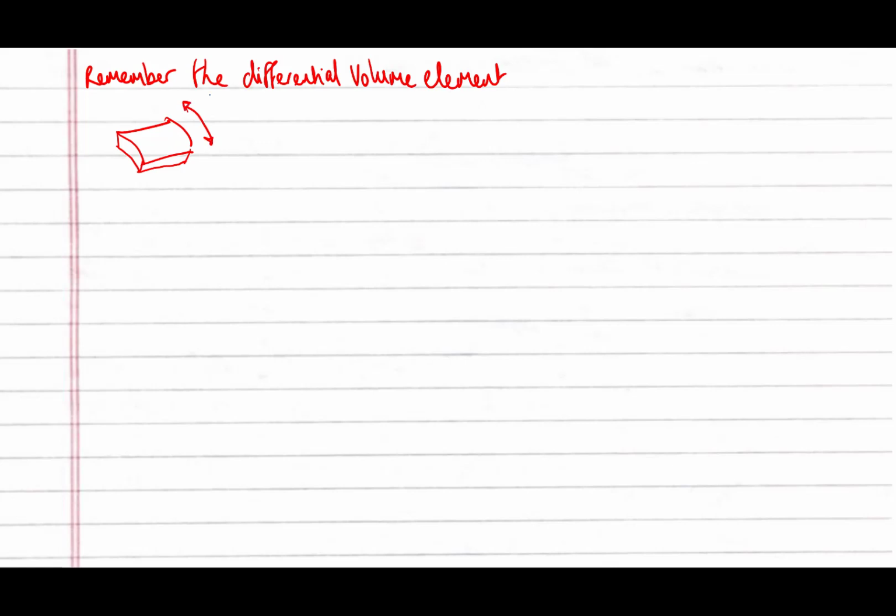We're also going to remember the differential volume element. So again, what was that? What am I talking about? Well, you remember when we were thinking about a change to spherical coordinates, we had this region of volume of space in here, and these values were r d theta, and we had some thickness of the shell, if you will, that was dr, and then the other dimension in here was r sine theta d phi.